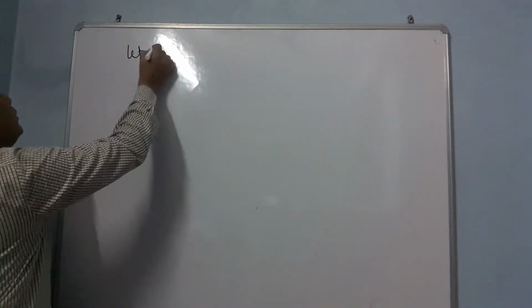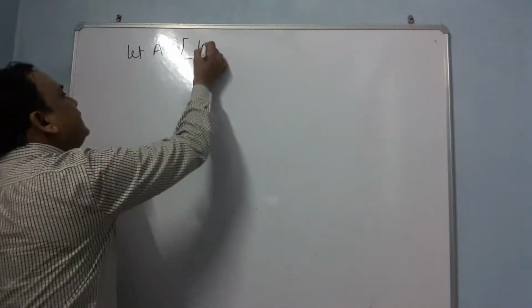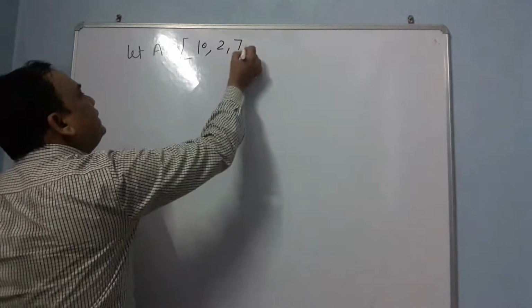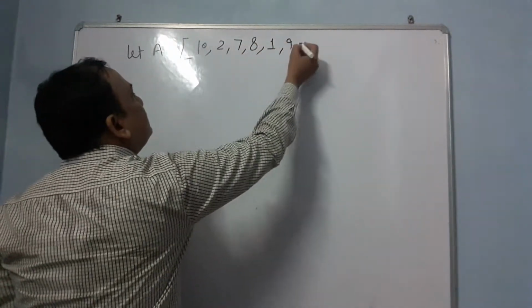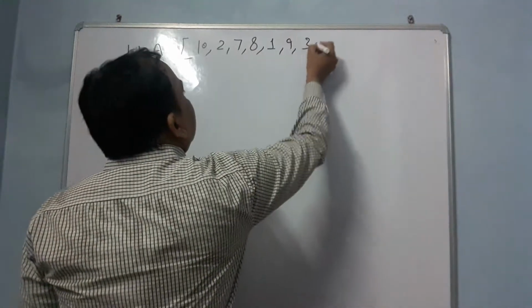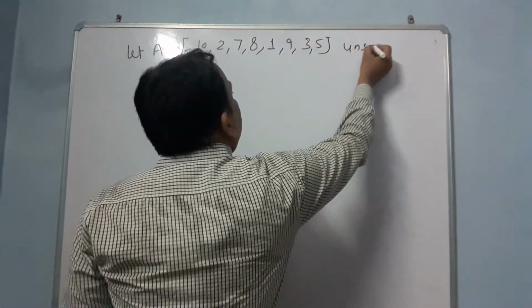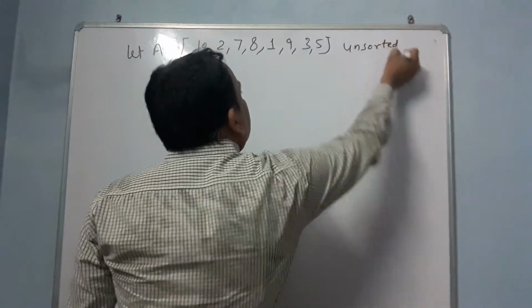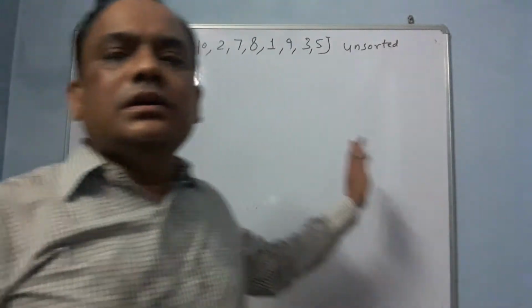Let a problem A be the unsorted numbers 10, 2, 7, 8, 1, 9, 3, 5. This is an unsorted array of n numbers. Here the count is 8.